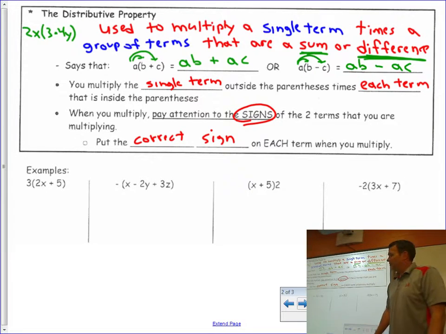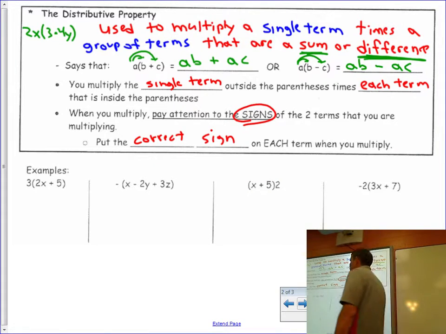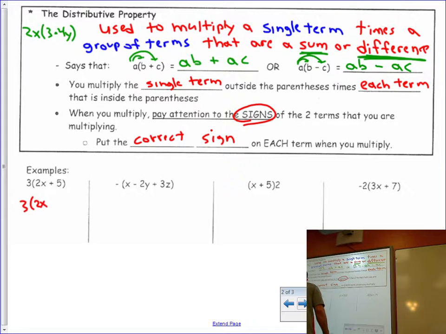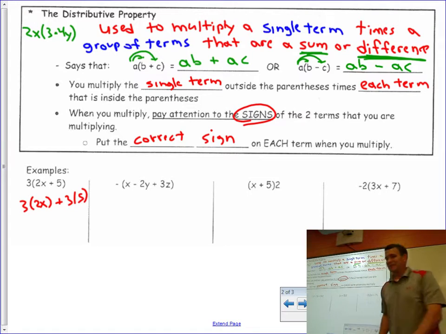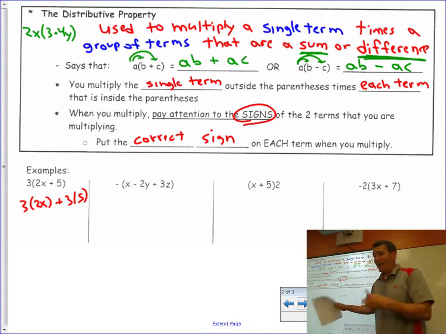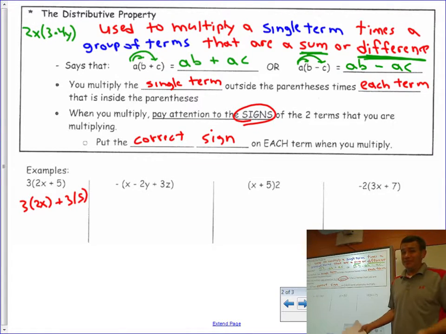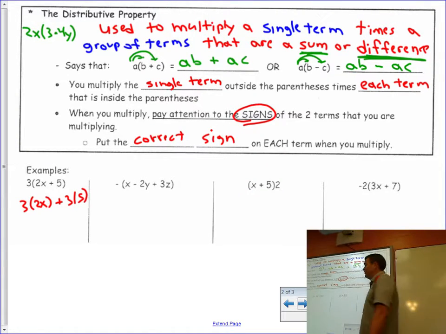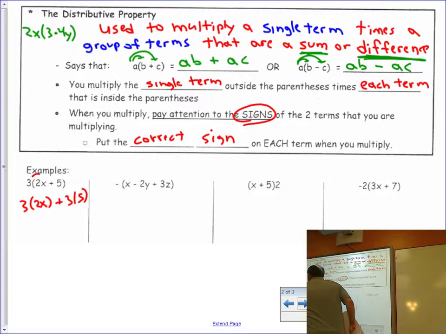Here we go. In the first example, I multiply 3 times the quantity 2x plus 5. So that would mean I would multiply the 3 times the 2x plus I would multiply the 3 times the 5. Now, I don't always write this line out that I just wrote. A lot of times I just use arrows to show that I multiply like that.